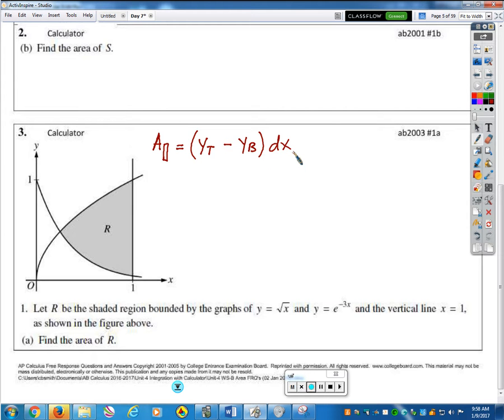If you have a question about that formula. So whenever I'm asked to find area, that's the first thing I remember. I'm supposed to find the area of R.